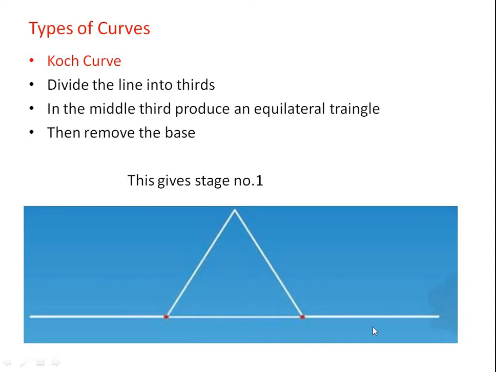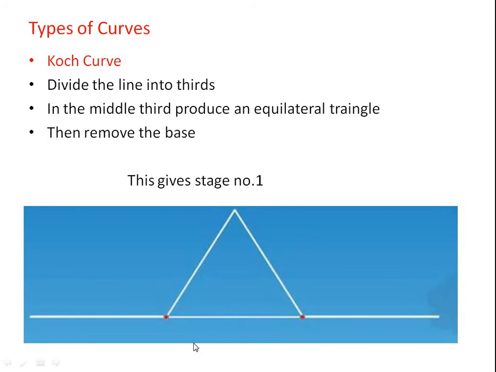Then the second step is, in the middle third, produce an equilateral triangle. That is, this middle line segment is turned at an angle of 60 degrees, so that both lines form an equilateral triangle.